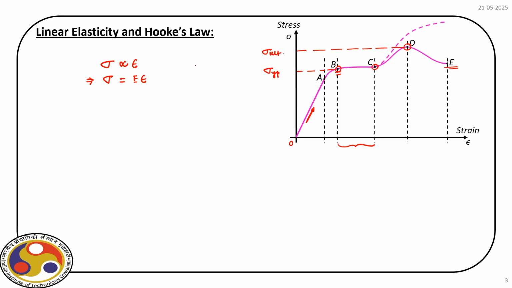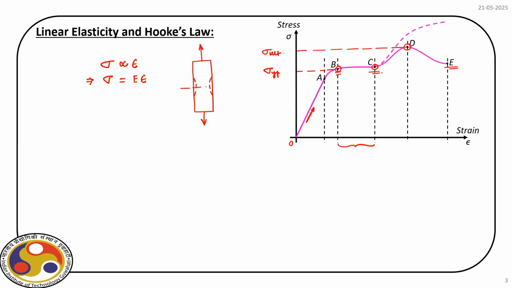If you recall, we also discussed that if we take a specimen which follows a certain standard and, using UTM, apply some loading, then beyond this point C, what happens? At the middle, the cross section of the material reduces, and this is what is called necking.